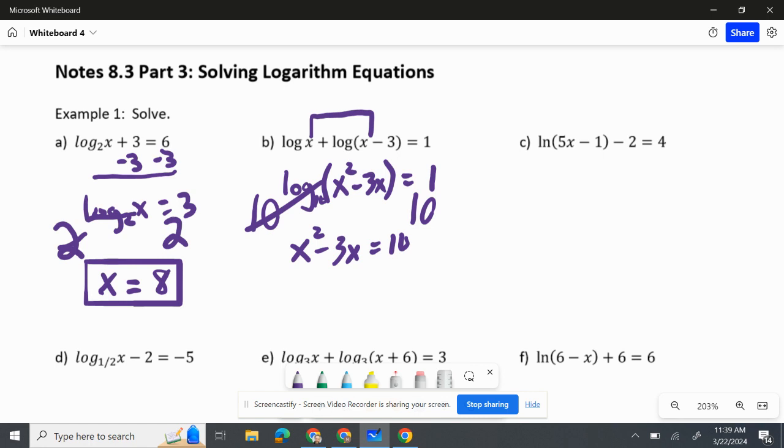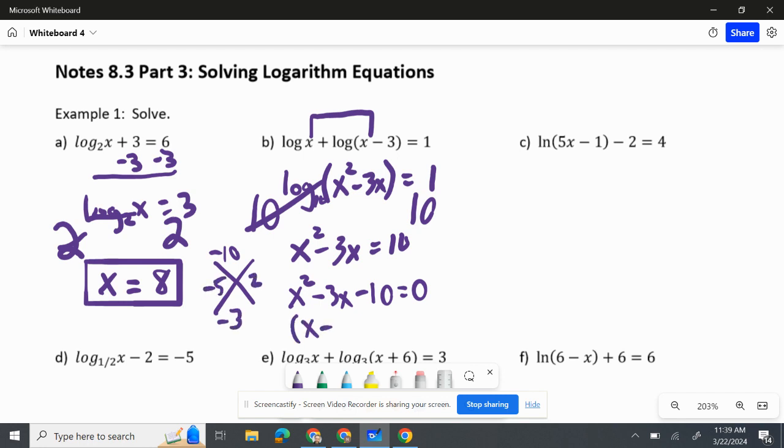Since it's a quadratic, I'm going to get everything on one side and factor it. So x squared minus 3x minus 10 is equal to 0. Two numbers that multiply together to give me negative 10 and add up to negative 3 would be negative 5 and 2.